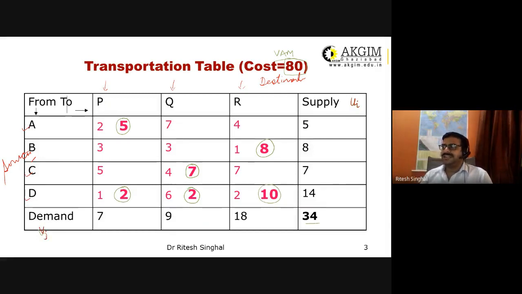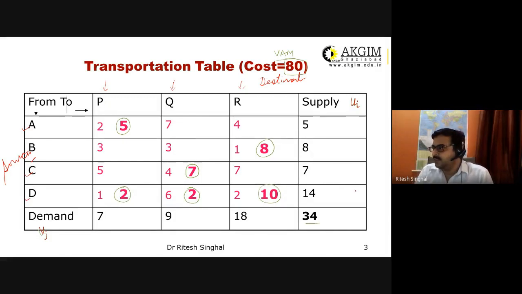First of all, set any one value of Ui or Vj as 0, and most preferably take any row or column where the number of allocated cells is maximum. As you see in this table, the fourth row has the maximum number of allocated cells, 3.